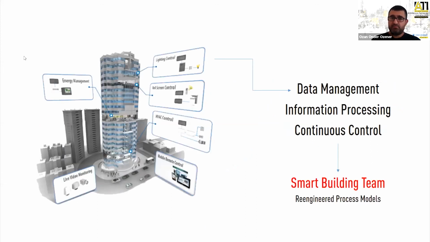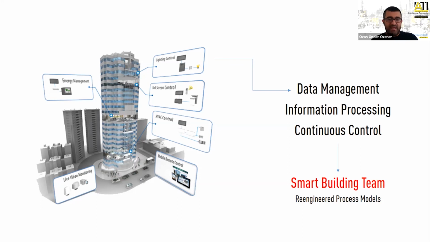Again, looking at smart buildings, just another example of why we need to be smart, because there are lots of things. When you look at buildings from a smart design, smart construction and smart operation standpoint, there are lots of things to be considered and lots of things to be controlled. So you need to create new schemes for data management, for information processing and continuous control.